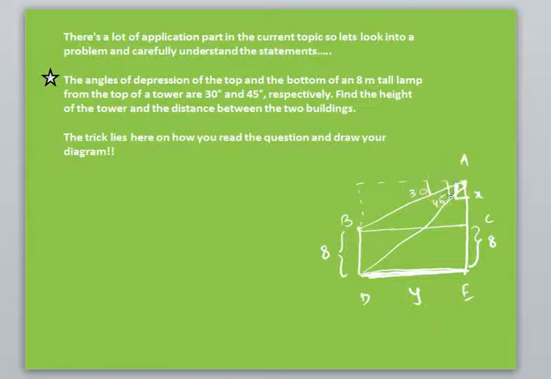The angle from here to here is 45, so what will be my angle here? It will be simply 90 minus 45, which is also 45.